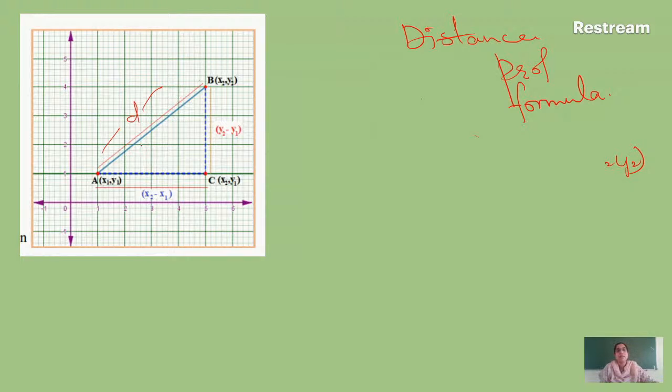To get this distance, a small work that we are going to do is draw the perpendiculars from B to x-axis and from A to x-axis. We have to draw the perpendicular and then join A to C. This is the very first thing that we have to do.